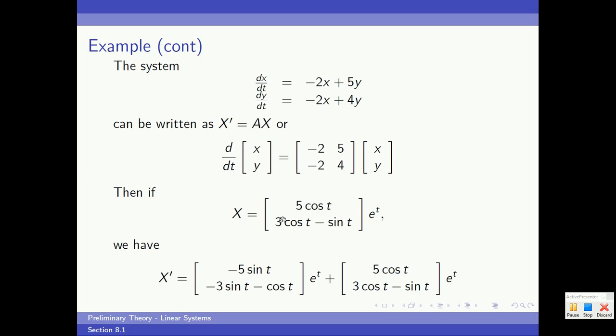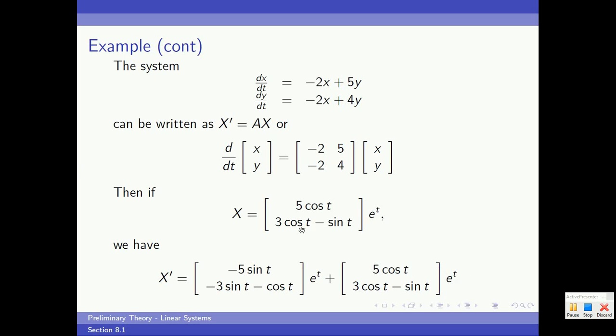So here, this is x, so basically 5 cosine t e to the t. I want to see what the derivative of the left-hand side is. If I take the derivative of this thing, I have to use the product rule. So I have e to the t times the derivative of this, so I get minus 5 sine t times e to the t, plus 5 cosine t times the derivative of e to the t, so I get 5 cosine t e to the t.